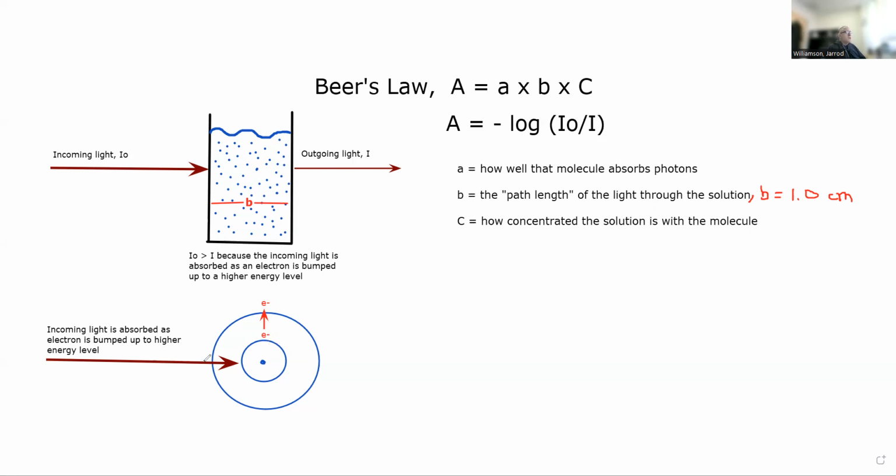And the energy from this photon is absorbed to bump the electron up to a specific higher energy level. And that photon of light is then absorbed and never makes it out the other side of my container. So we would say that photon of light is absorbed. We would say the light is absorbed.